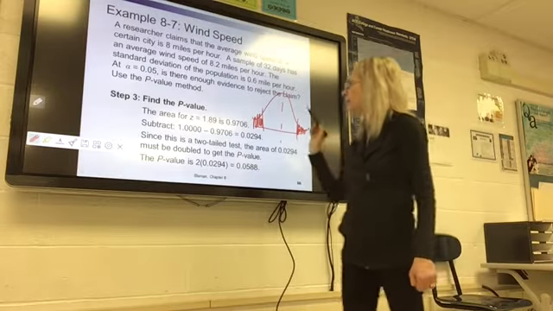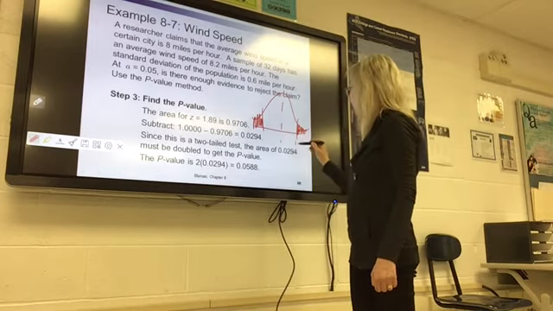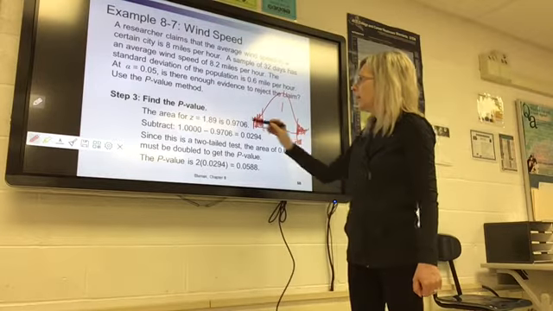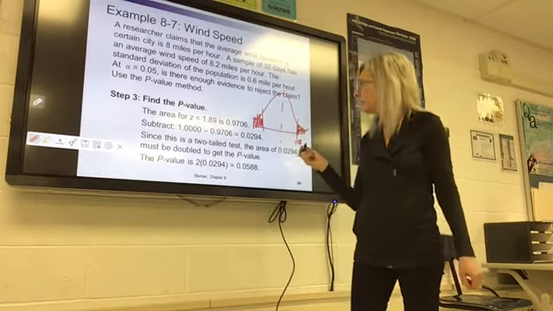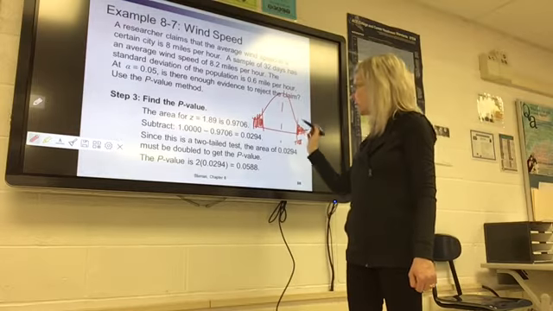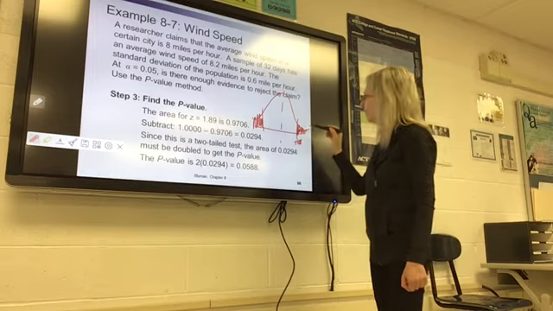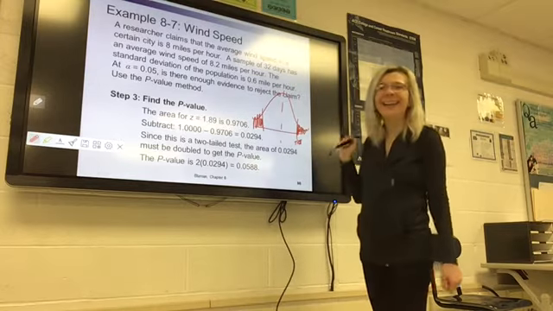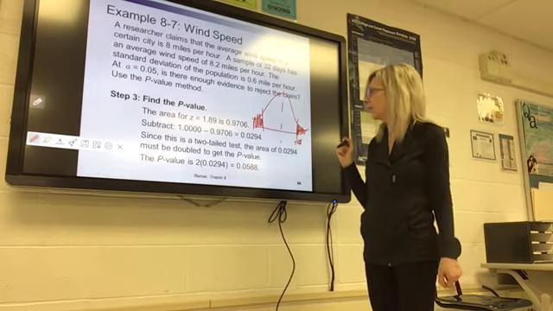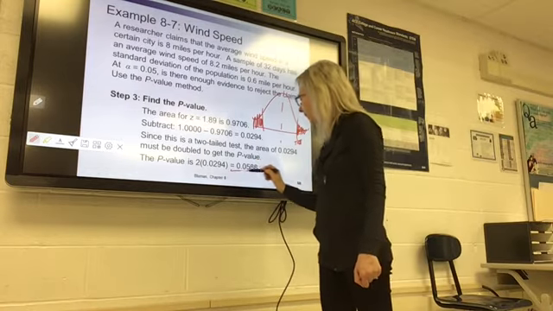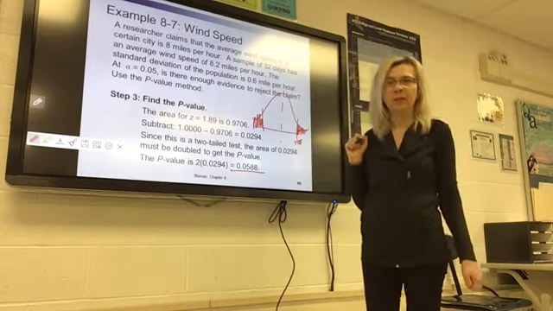So when we found the z-score was 1.89, our test value, we subtracted from 1, which gives you 0.0294. That is a one-tail area. We have to multiply it by 2 to get the p-value. So now this is the p-value.